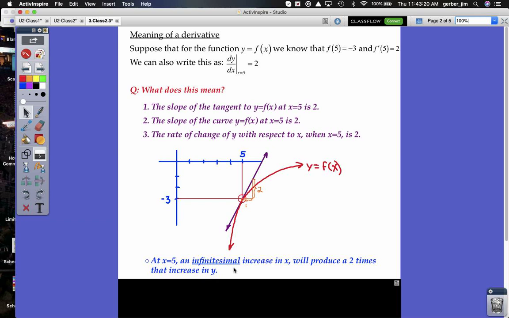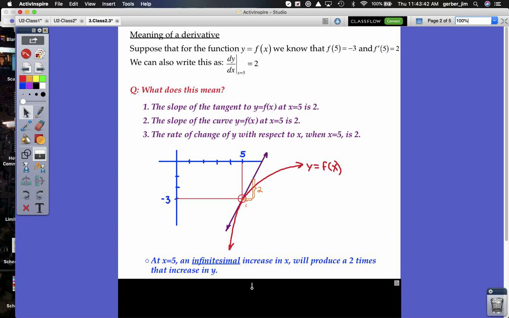It will produce an increase in y that's twice the size of the increase in x, as long as I don't get too far away from 5. Obviously, if I go from 5 over here to 10, the curve is not going up anywhere near 20. But that's too far. But if I go a very small amount to the right, then the curve goes up about twice that small amount. Okay?